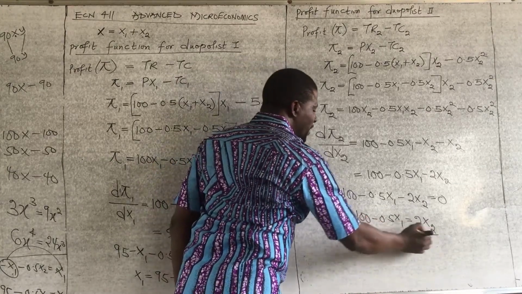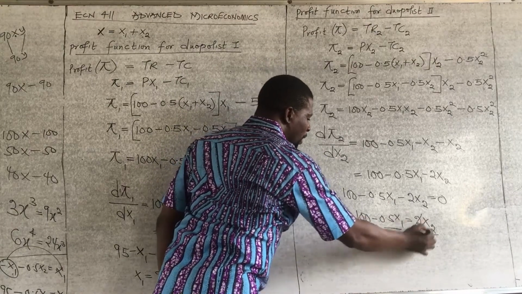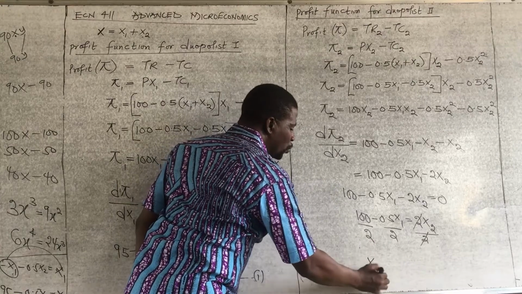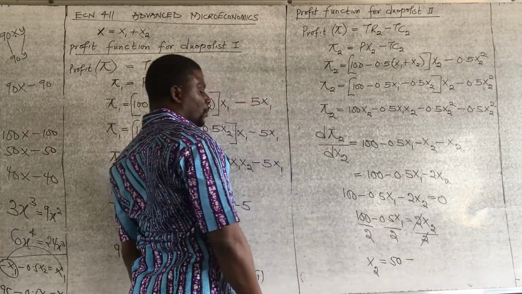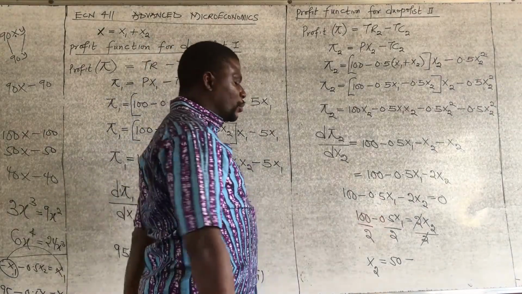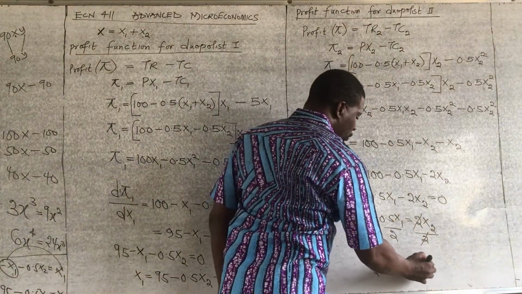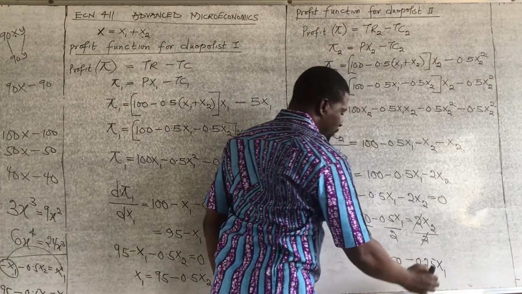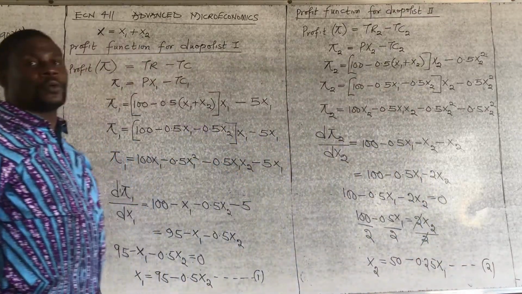To make x2 stand alone, divide both sides by 2. This will cancel this. So our x2 will now be equal to 50 minus 0.5 divided by 2. Someone should give me the figure. 0.5 divided by 2. 0.25x1. So, equation 2.